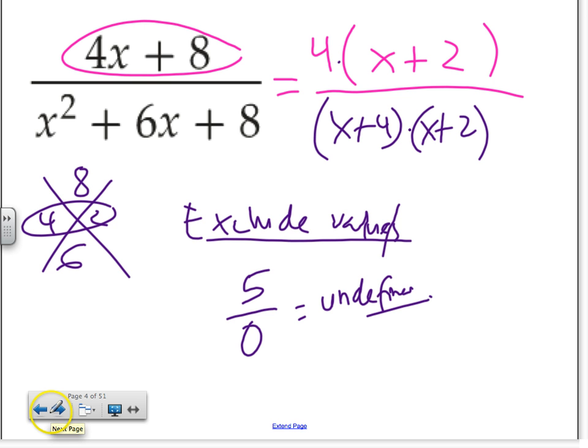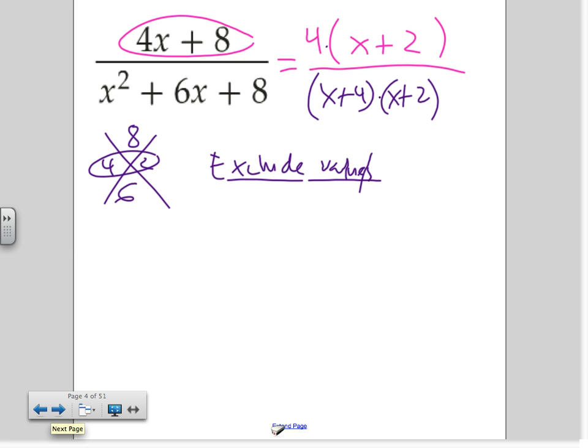Ever. Therefore, I need to look right here and say, wait a minute. I have x plus 4 and x plus 2. There is some value of x that will make it 0, so I have to find them first. Finding 0 means set it to 0 and solve for it, just like we did in chapter 8, using the zero product property. So let's take x plus 4 and x plus 2 and solve for 0.